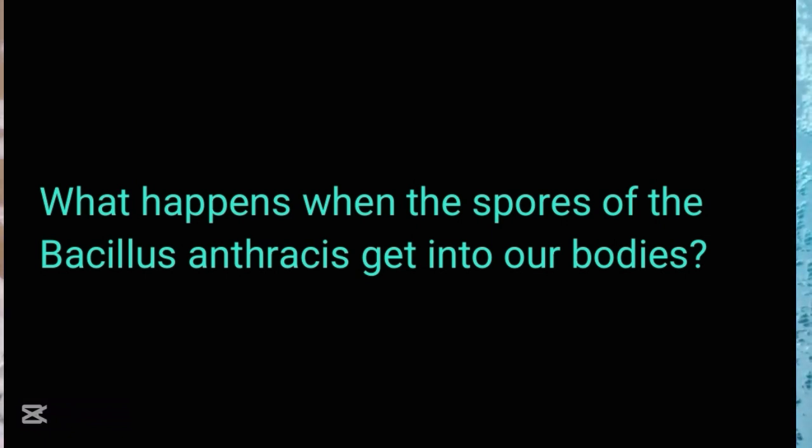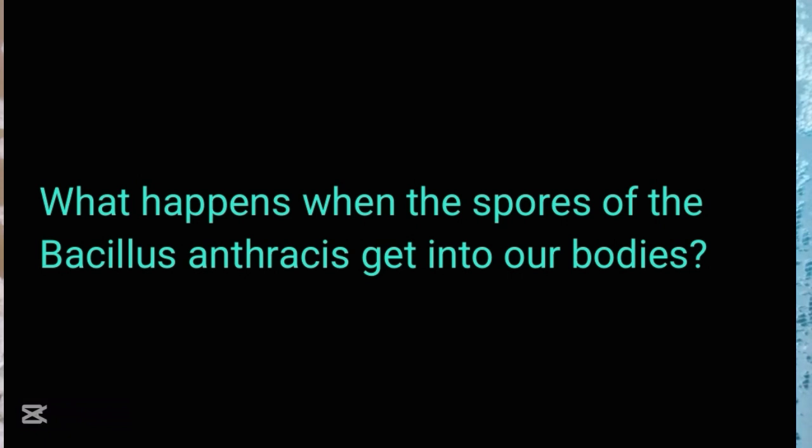The presence of the vegetative forms of the Bacillus anthracis in the bloodstream and also in the tissues will trigger the production of some chemicals called cytokines. These cytokines are produced by the cells of the immune system.